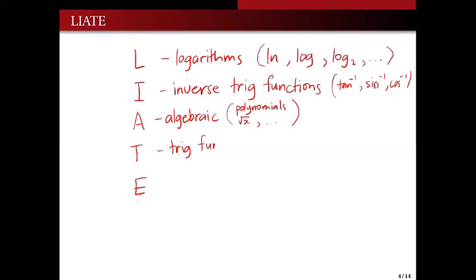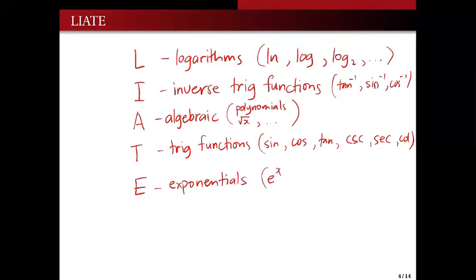You have your sine, cosine, tangent, etc., and the other three: cosecant, secant, cotangent. And then your E here, these are your exponentials. e to the x, 2 to the x, etc.